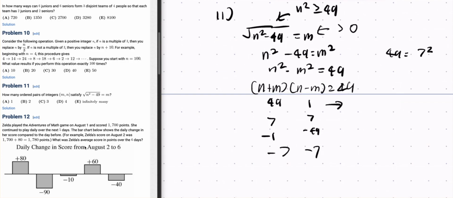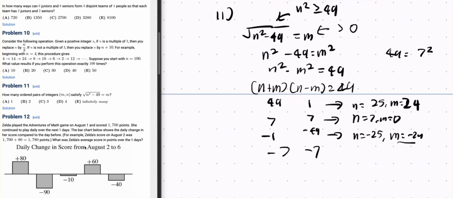This leads to n is equal to 25, m is equal to 24. And then this one will be 7 plus 7, so n is equal to 7, m is equal to 0. And this one would give us n is equal to negative 25, m is equal to negative 24.